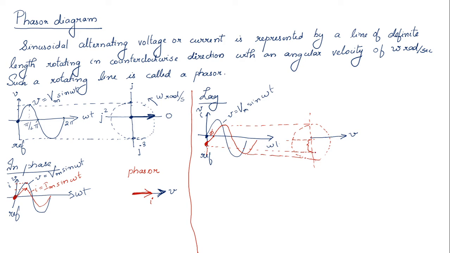If this should be the image, then the phasor will be at this point. Okay, which means the current will be here. Only for this case I am giving you a detailed explanation, but whenever you are drawing a lagging waveform, you can just mark it as current, which is lagging the voltage by an angle 5 degrees.